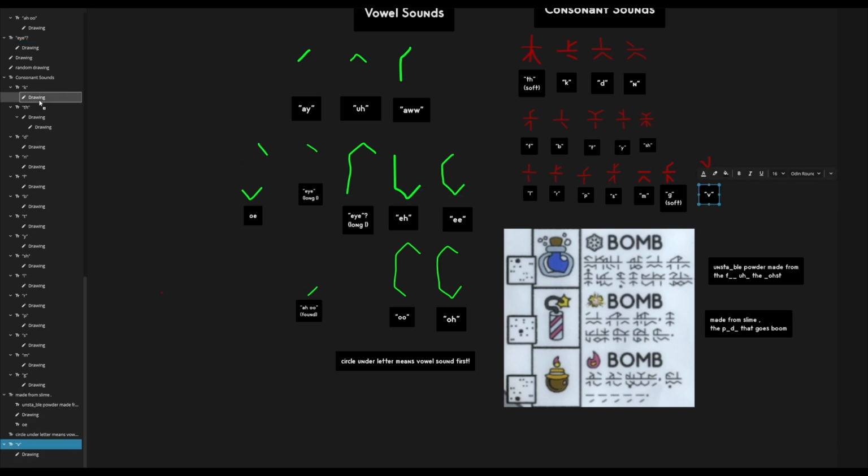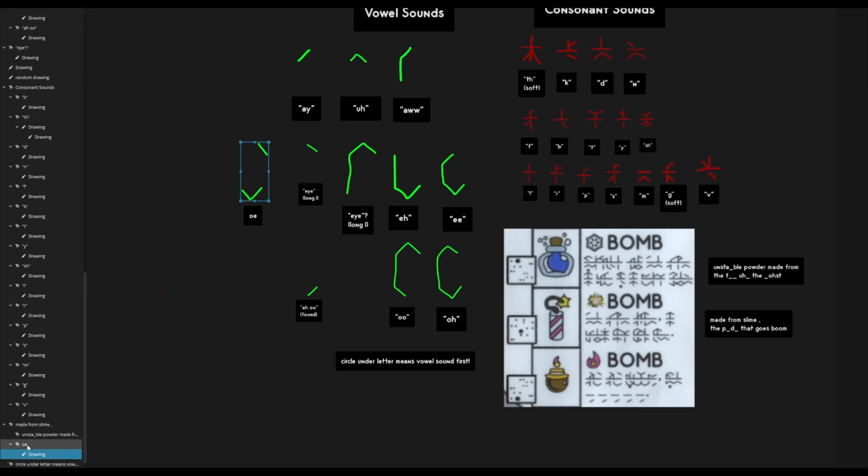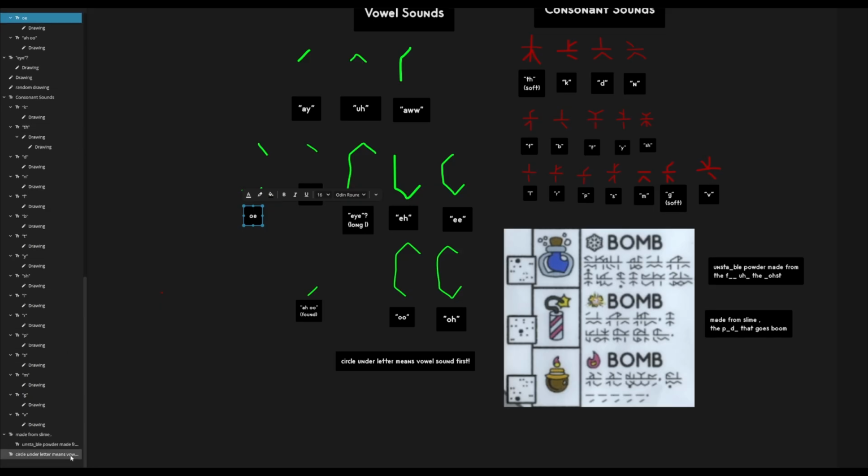V goes under consonant sounds. E goes under vowel sounds. There we go. Alright, feeling good about this.